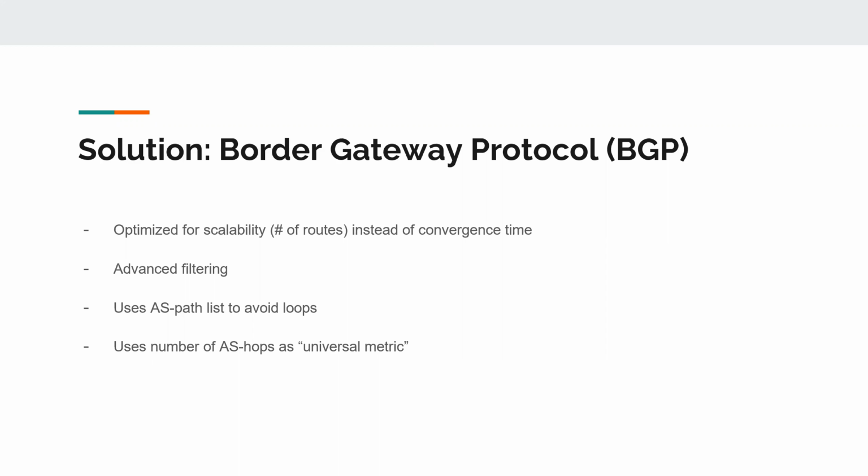BGP has advanced filtering features, which can filter based on not only the IP address, but also the autonomous system. BGP uses the AS path list to avoid loops. It keeps track of which autonomous systems a path goes through. And what's more, it uses the number of AS hops as a universal metric.